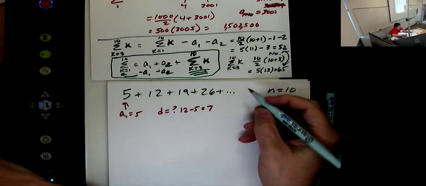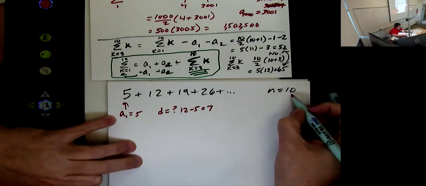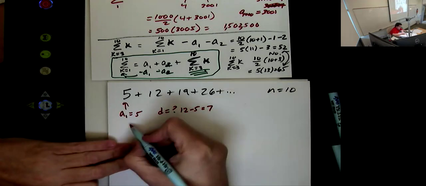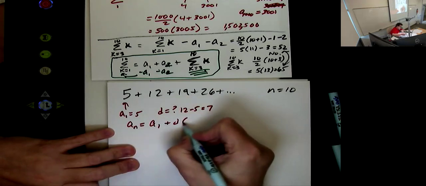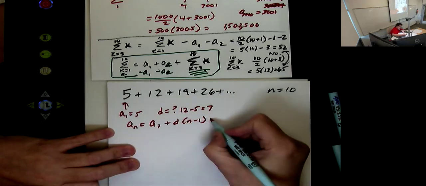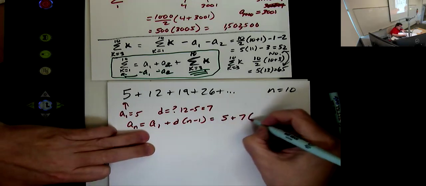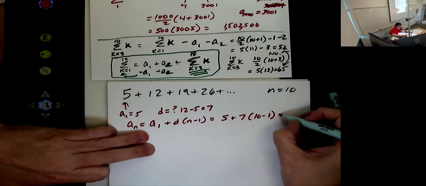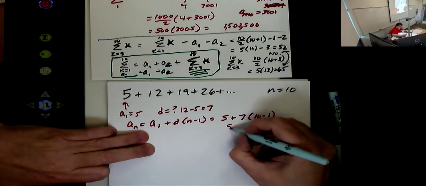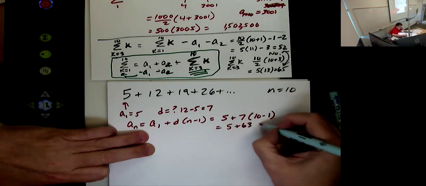So now we've got D, we've got A sub 1, we've got N. I can do A sub N equals A sub 1 plus D times N minus 1. I've got 5 plus 7 times 10 minus 1. A sub N is 5 plus 7 times 9, which is 63, so 68.